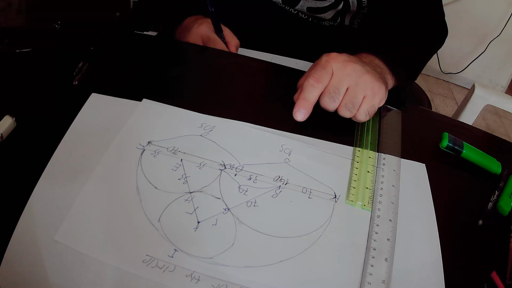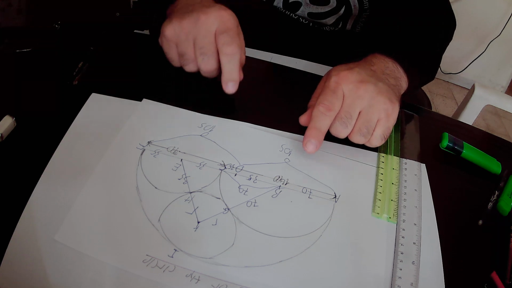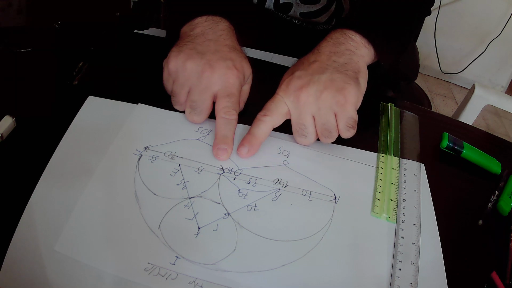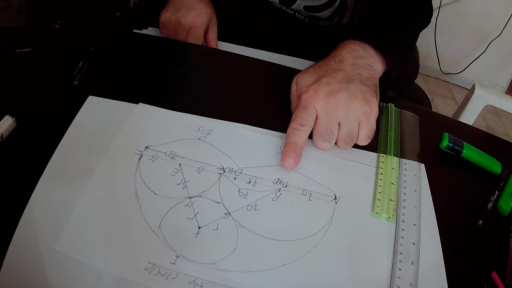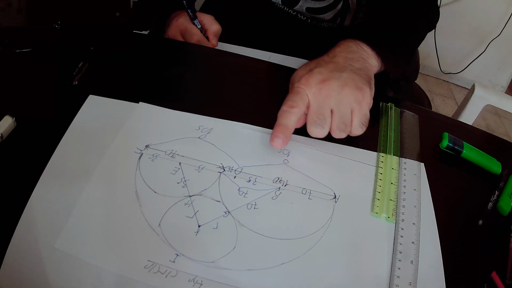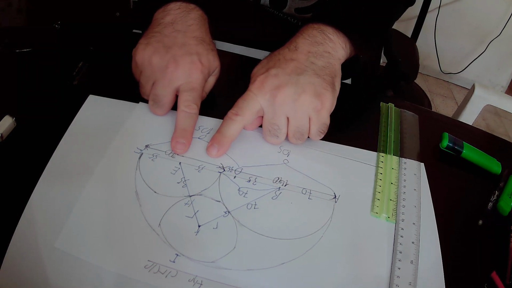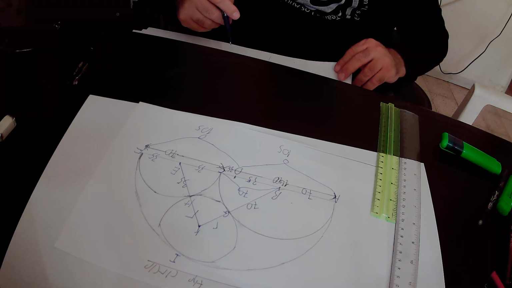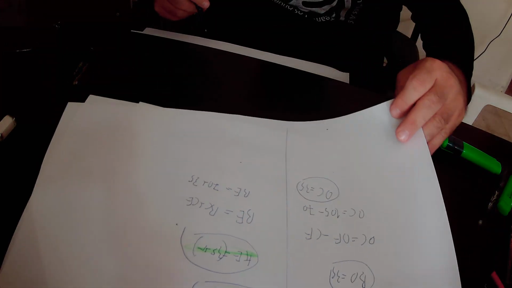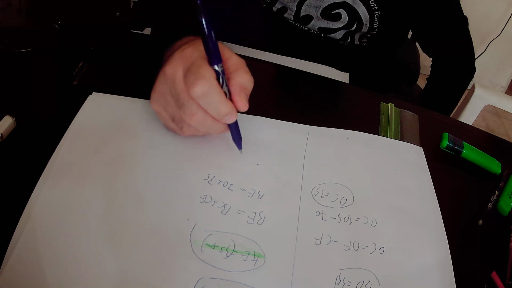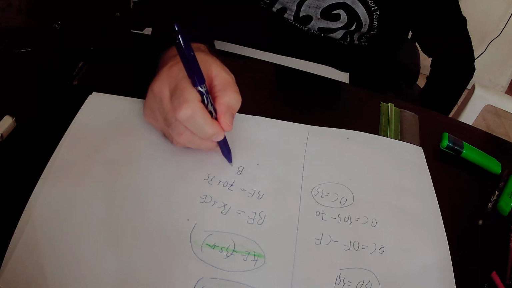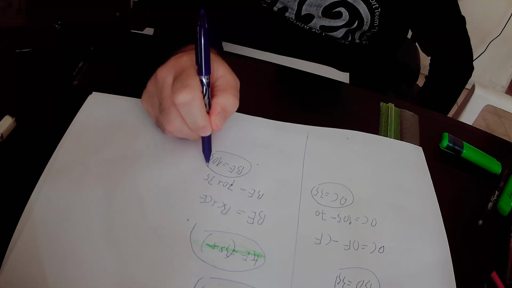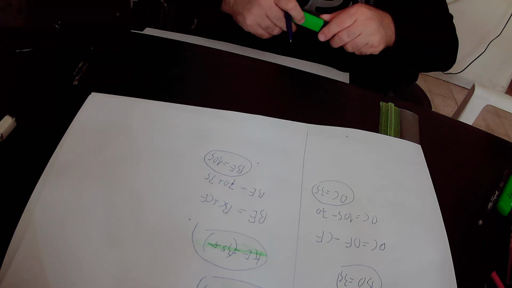So BE equals BC, and BC equals 35 plus 35, that is 70, plus CE. CE equals 35 units. So in conclusion, we found out that line segment BE equals 70 plus 35 units. 70 plus 35 units equals 105 units. So line segment BE equals 105 units.